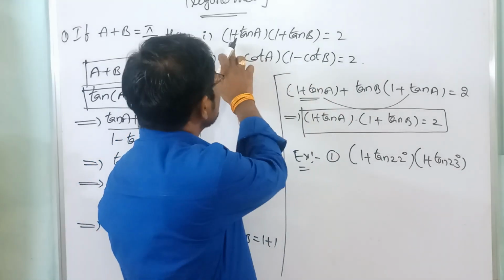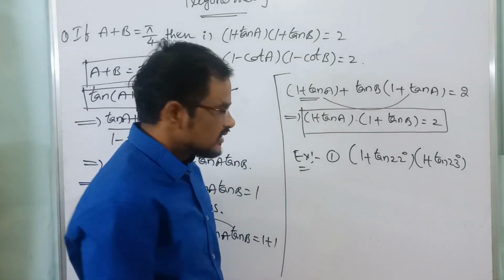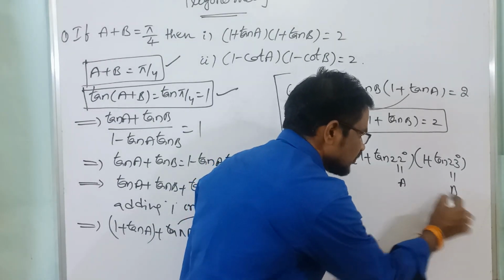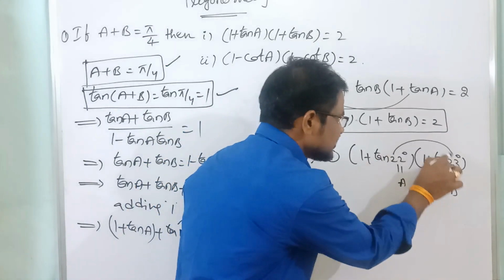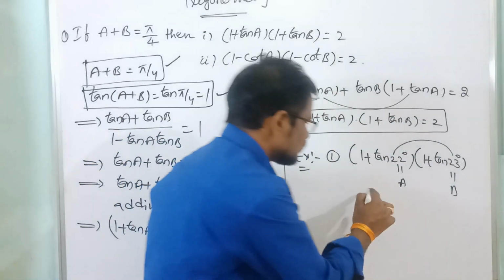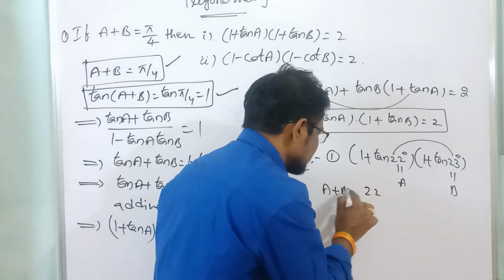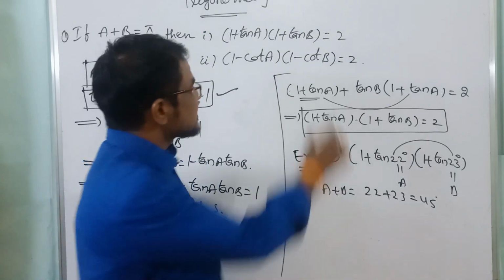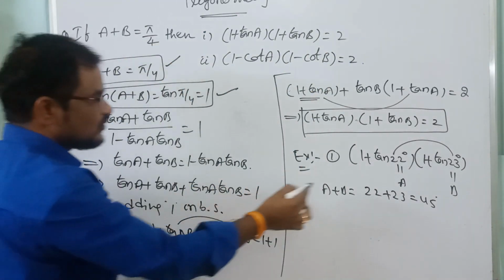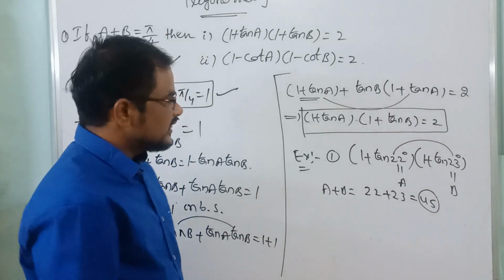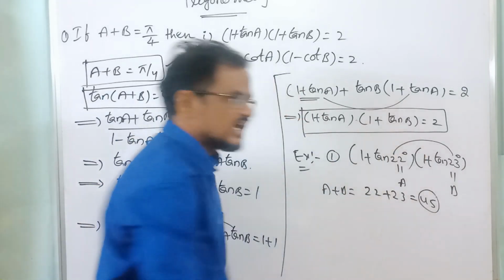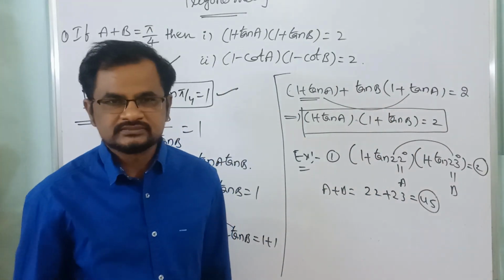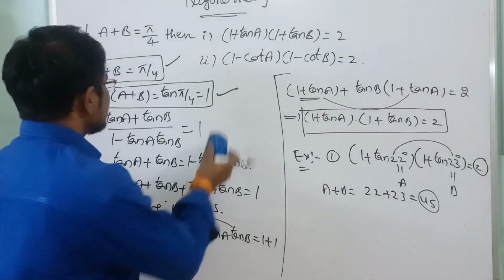It is in the form of 1 plus tan a, 1 plus tan b, so here a equals 22 and b equals 23. If you add these two, a plus b equals 22 plus 23, which is 45. Is it satisfying this condition, a plus b equals 45, and it is in the form of 1 plus tan a, 1 plus tan b? So simply you can take the value as 2.